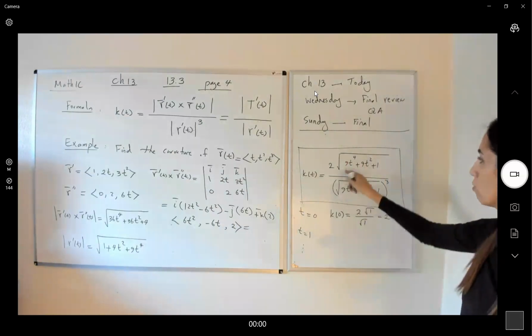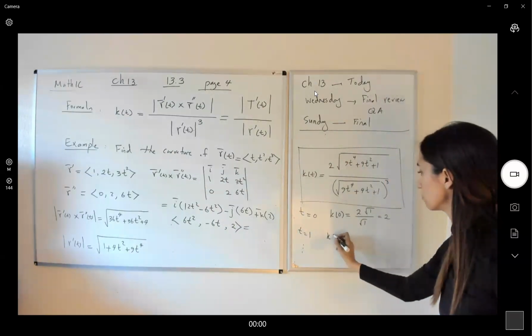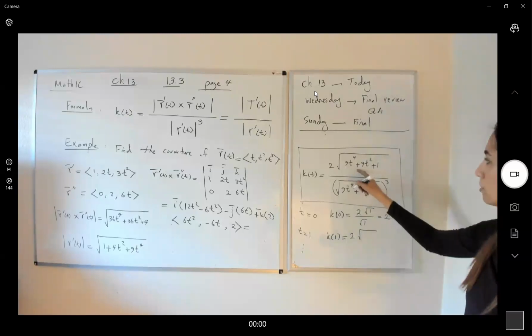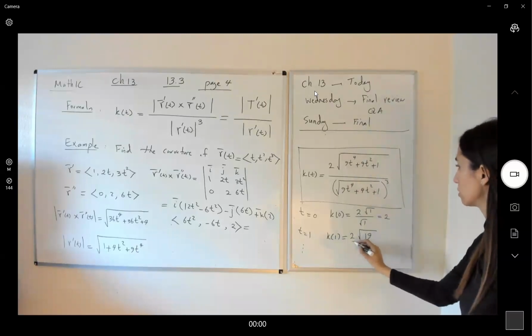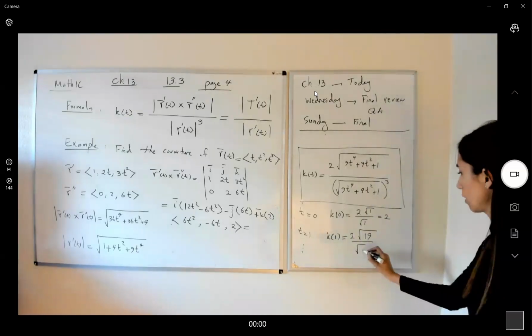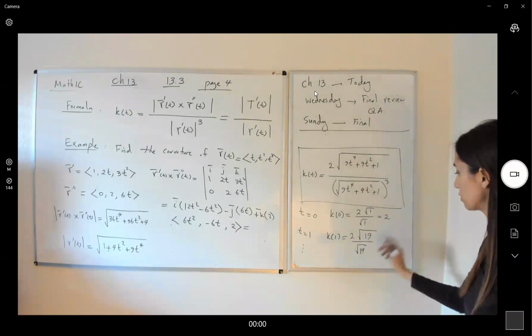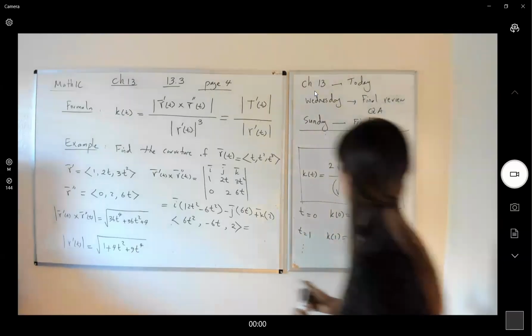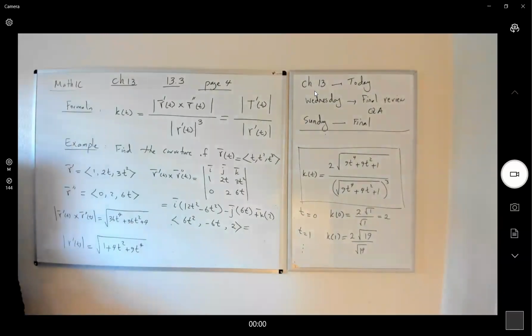And if t is equal to 1, we get the curvature at 1, which is 2 times the square root of 19 divided by the square root of 14, and so on. That's how we calculate the curvature at different time values.